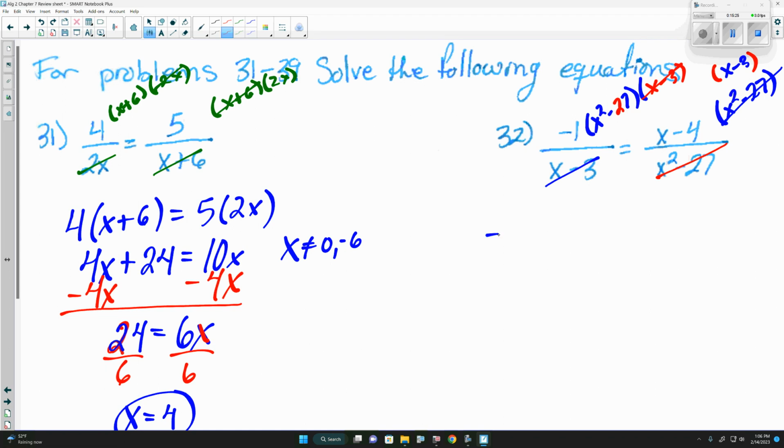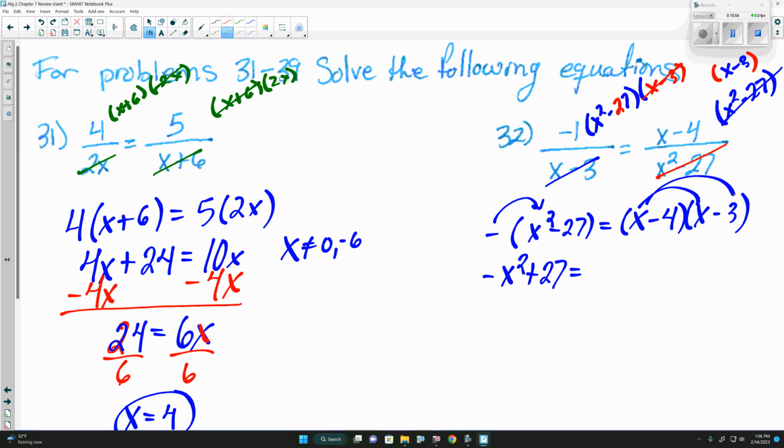What that leaves us with is negative x squared minus 27 is equal to x minus 4 times x minus 3. For the first one, we can distribute the negative, giving negative x squared plus 27.